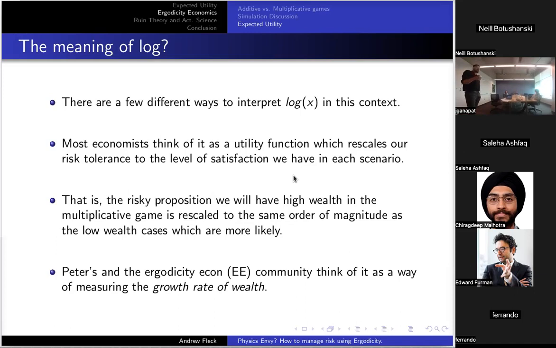But Ole Peters and the ergodicity economics community say, well, actually, if we have a dynamic, what we're measuring here is actually a growth rate. The log wealth in this case would give us something that looks like a growth rate of our wealth. It's multiplicative, so we use log to measure it. And they say that's what we should actually be looking at.